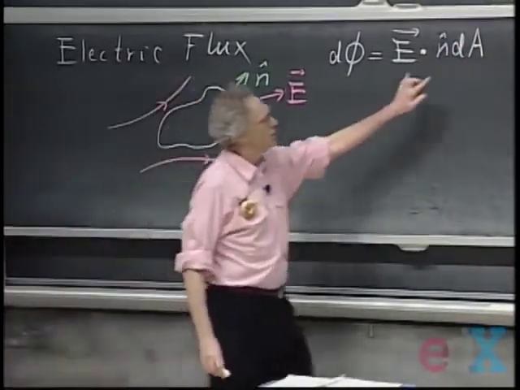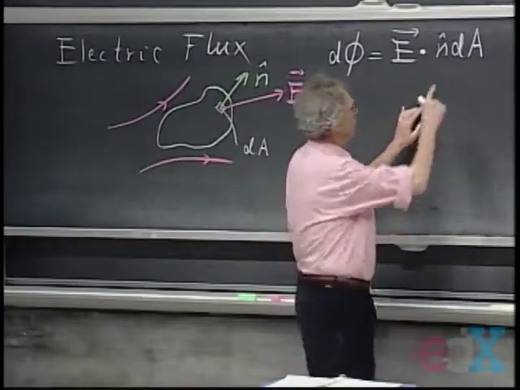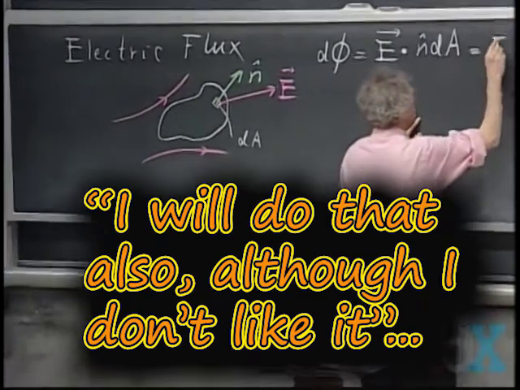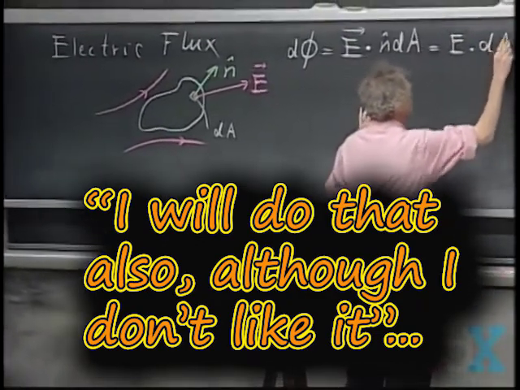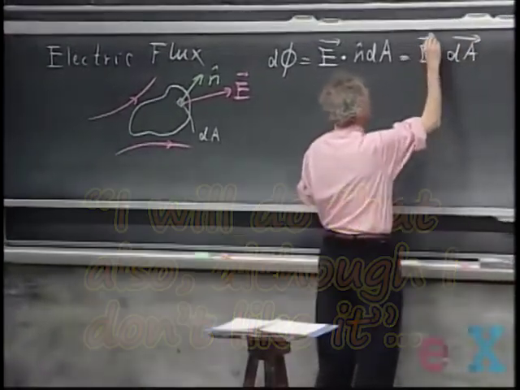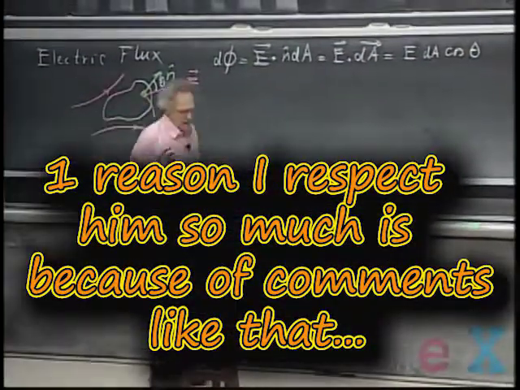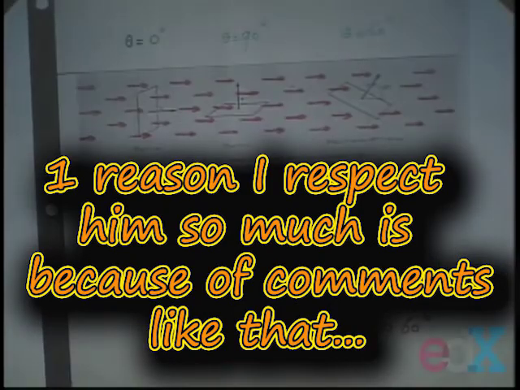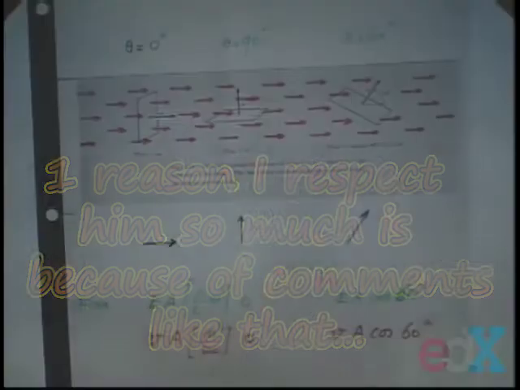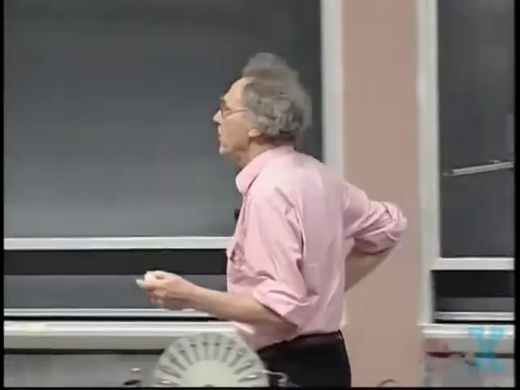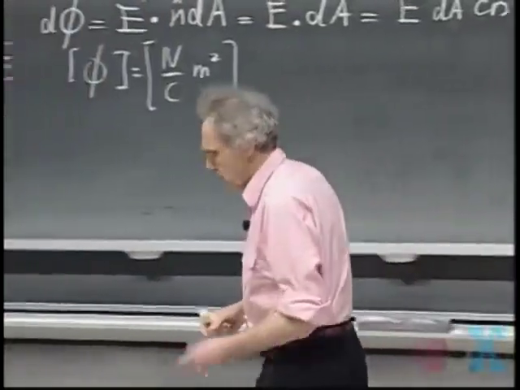Now our book will always write for n dA simply dA. So I will do that also, although I don't like it, but I will follow the notation of the book. And so you can sometimes think of this as air flows. We also saw that when we dealt with field lines, that can come in sometimes very handy.